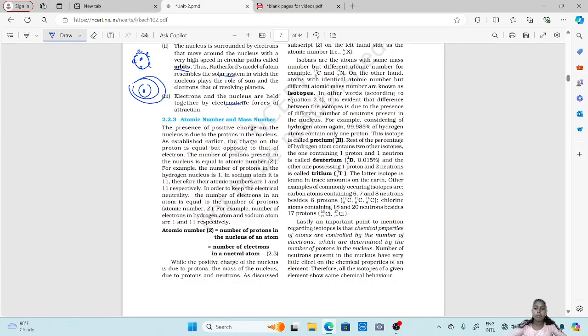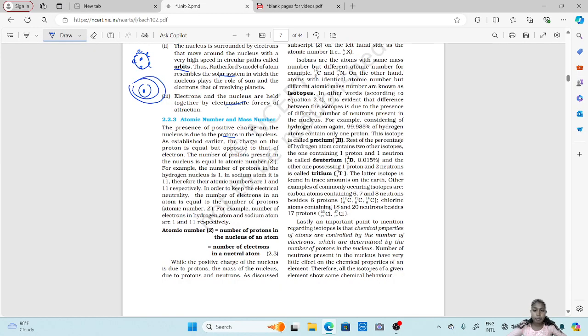Now, what is atomic number and atomic mass or mass number? The presence of positive charge on the nucleus is due to the protons in the nucleus. As established earlier, Rutherford said that the nucleus consists of protons and other particles like neutrons, and electrons are revolving around it.